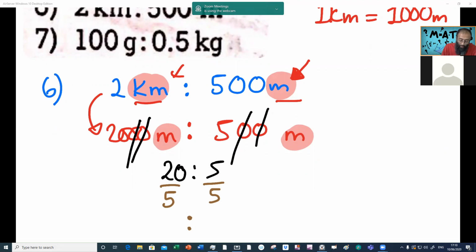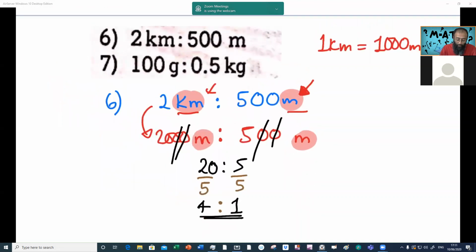That's showing you if you don't get the biggest number the first time, you can still carry on going. So you've got 20 over 5 now. 20 over 5 gives us 4. Fantastic. That's the first one done. So 2 kilometers ratio 500 meters cancels down to that, and we could actually write down M here if we needed to as well. Lovely.